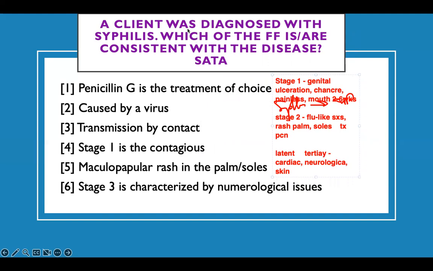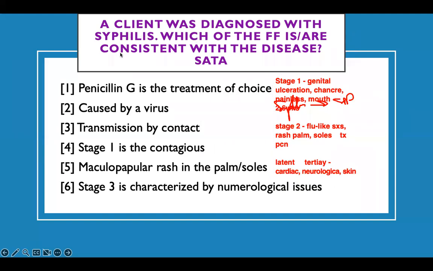So based on what we have, penicillin G is the treatment of choice. That is what we use, and it's not a virus, it's a bacteria. So this is wrong. Transmission is by contact. It's not contact precaution.